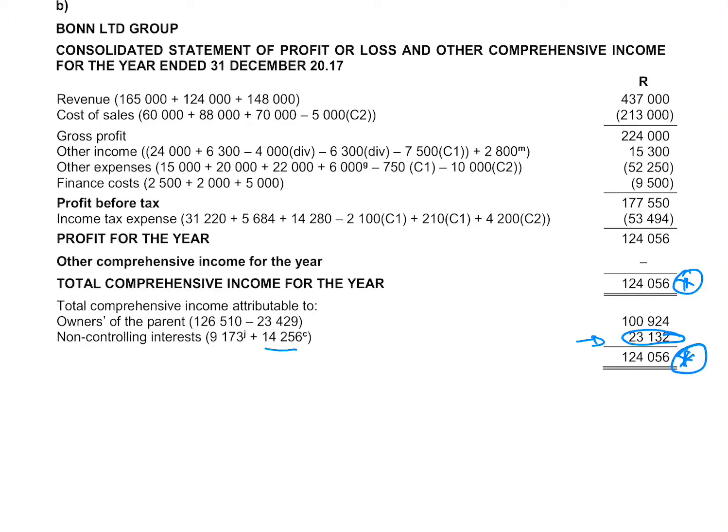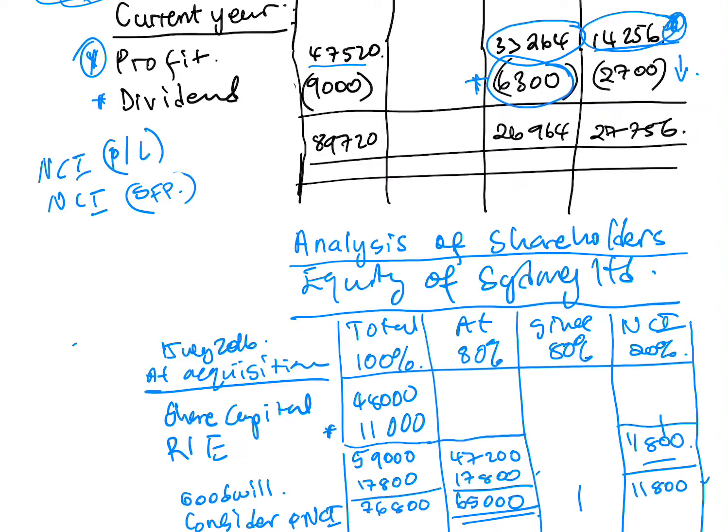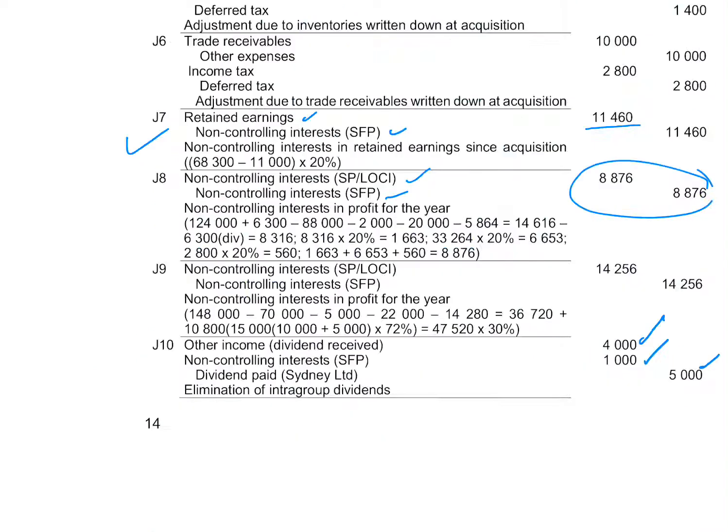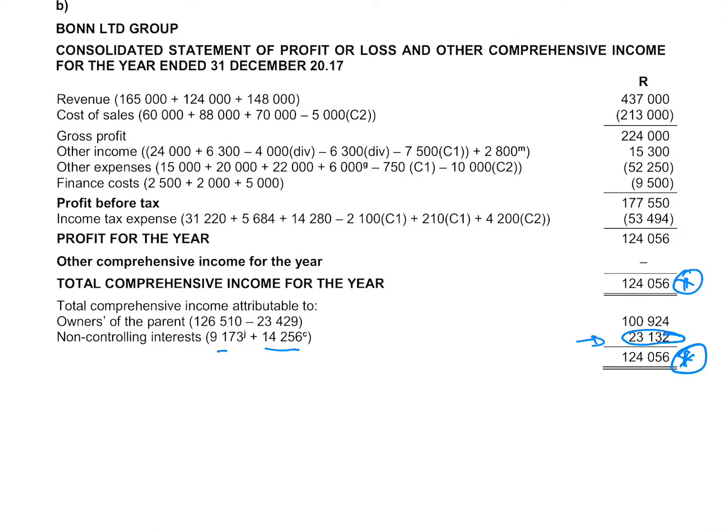That was taken from the sub-subsidiary. And what's happening here? 9,173. We have got 8,876. So I think they made a mistake. It's supposed to be 8,876. Right. So that will be that amount there. So the amount that belongs to the owners of the parent will be 124 minus 100, 2924.